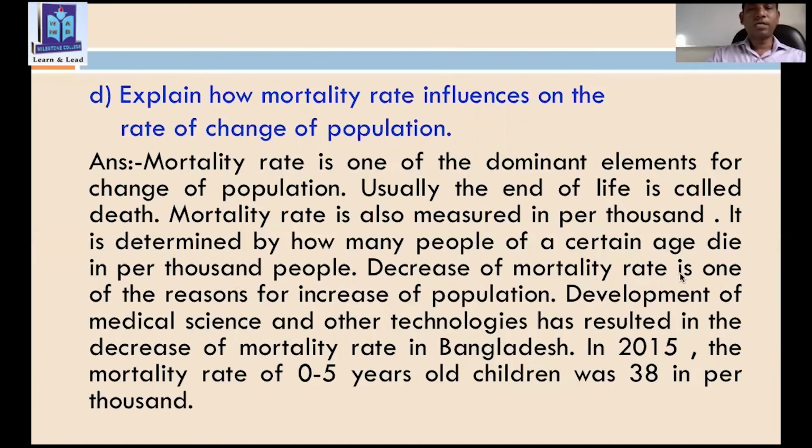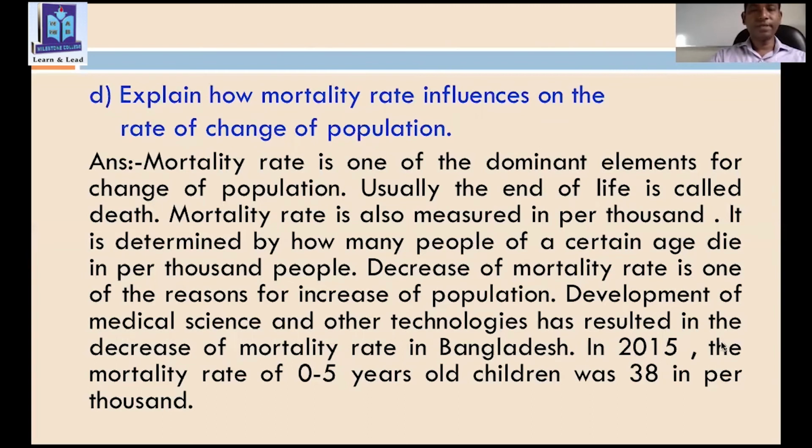Decrease of mortality rate is one of the reasons for increase of population. If the birth rate is high and mortality rate is low, then gradually population growth will be high, right? Okay, development of medical science and other techniques or technologies has resulted in the decrease of mortality rate in Bangladesh.